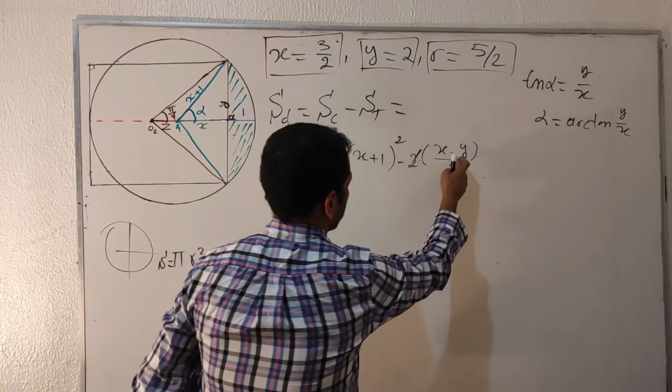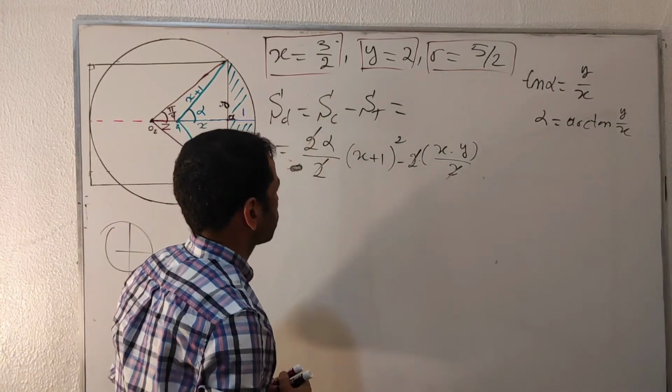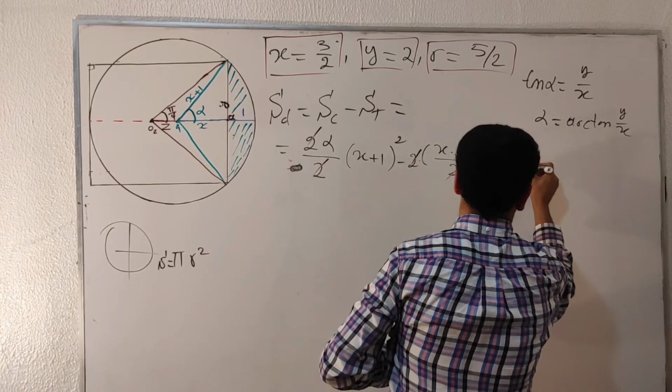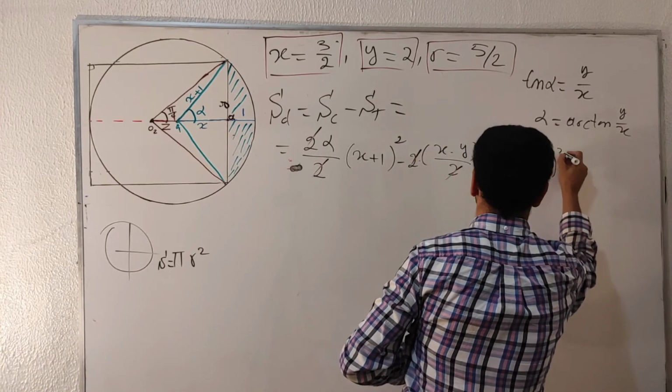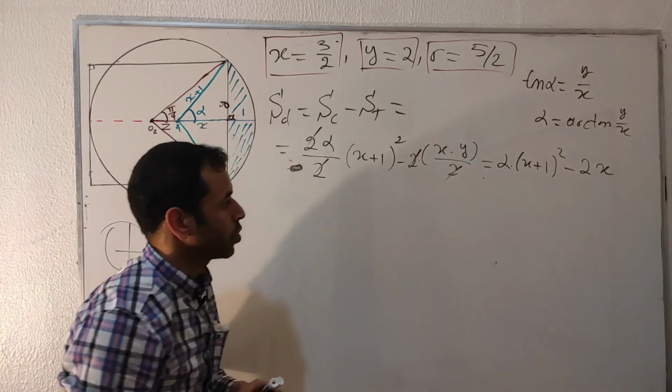Then I'm going to replace y with 2 because we already found y equals 2. So I get here alpha multiplied by (x plus 1) squared, minus 2x, replacing y with 2.